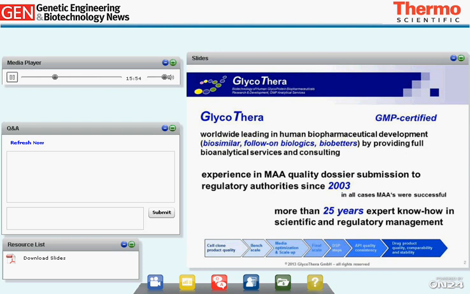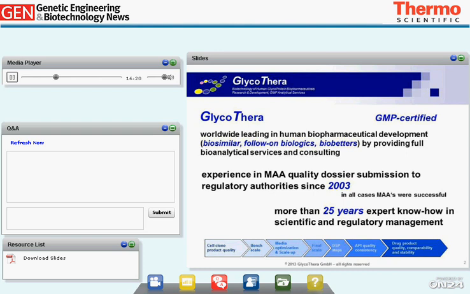Glycosera is a biotech company located in Hanover, Germany, and we are closely working with our industrial partners, which are national and international biotech and pharmaceutical companies, ranging from small startups to big corporations, in the development of human biopharmaceuticals, which are biosimilar, biobetter, as well as innovator products. We are GMP certified for quality testing of biopharmaceutical products according to ICH and EU guidelines.